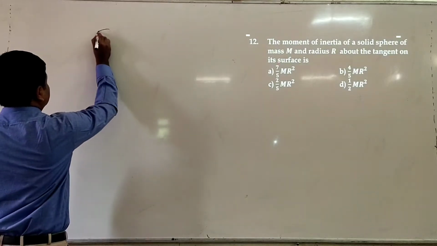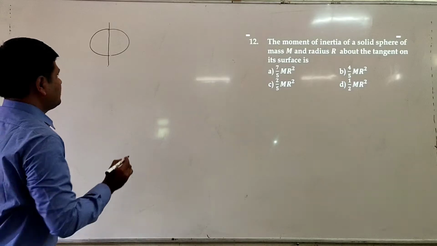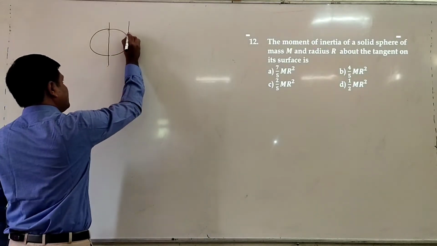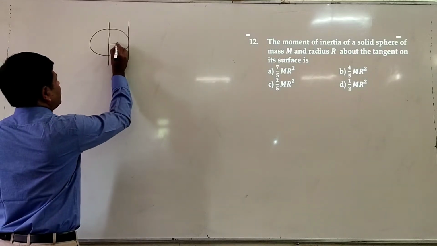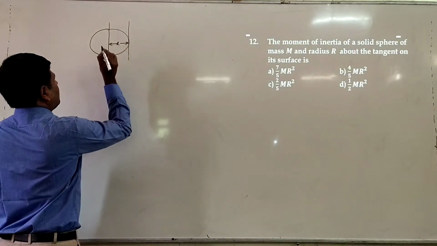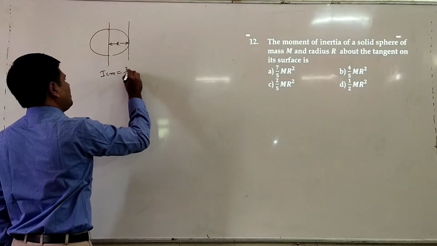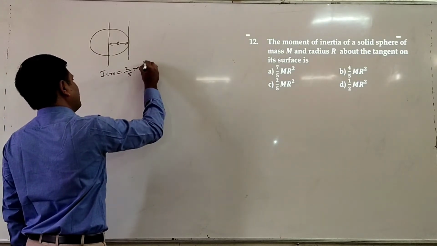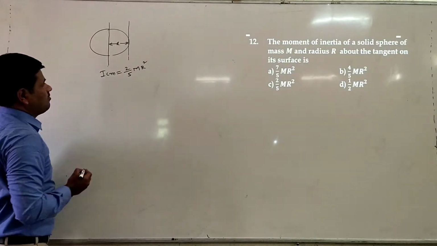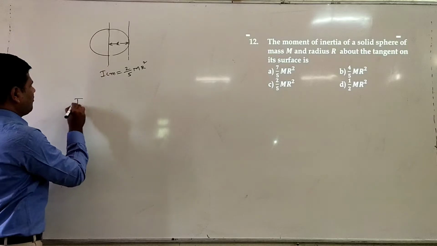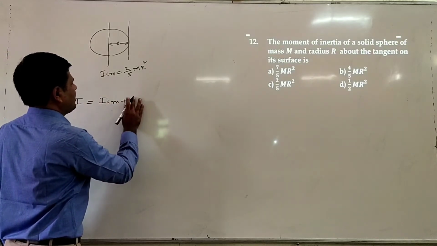Through the center of mass, the distance between them is equal to r. About the center of mass, the moment of inertia is equal to 2 by 5 m r square. Through the tangent we can find it using the parallel axis theorem: the moment of inertia I is equal to ICM plus m r square.